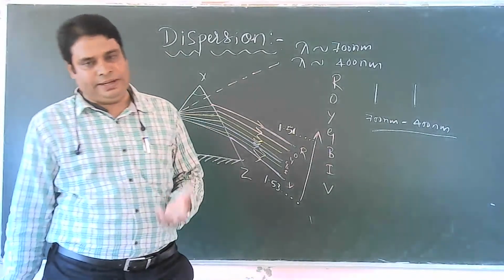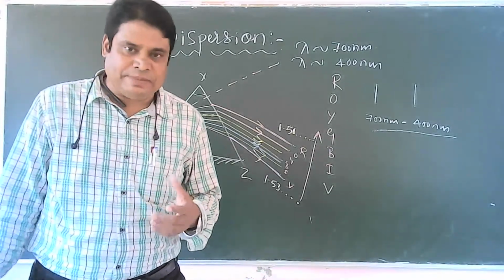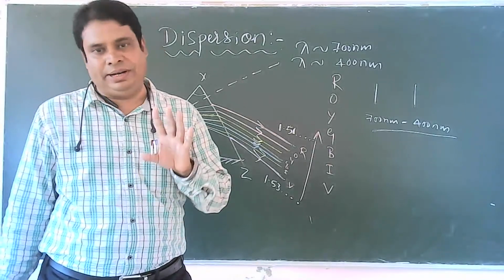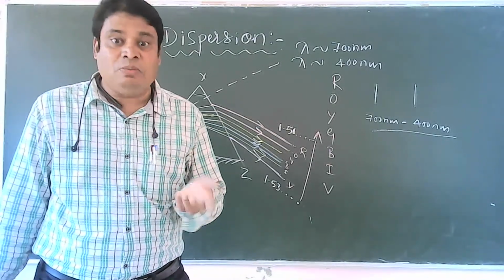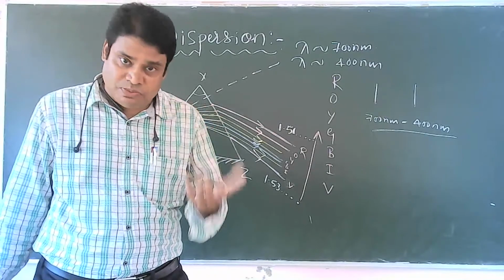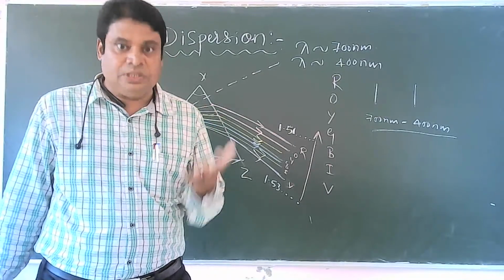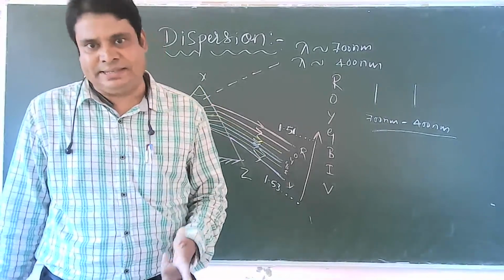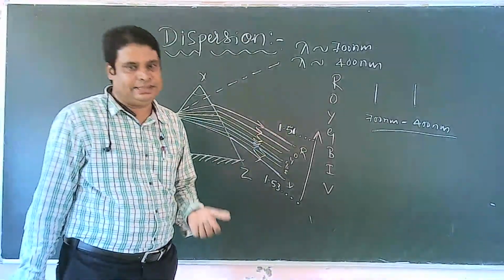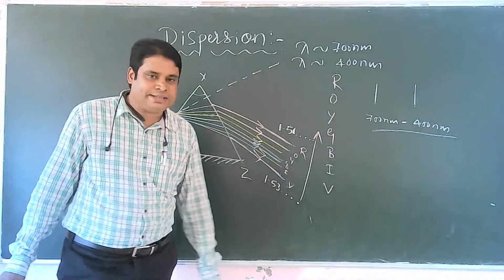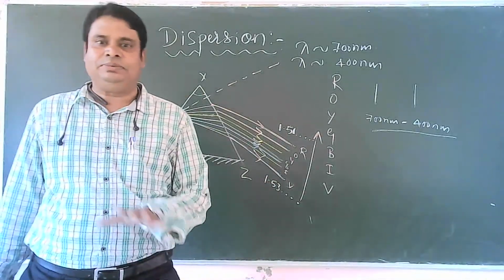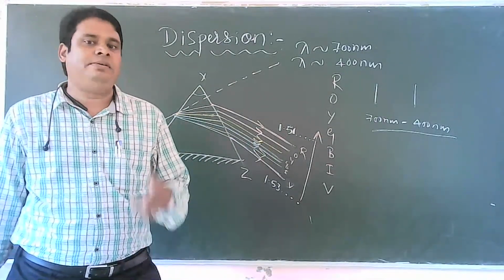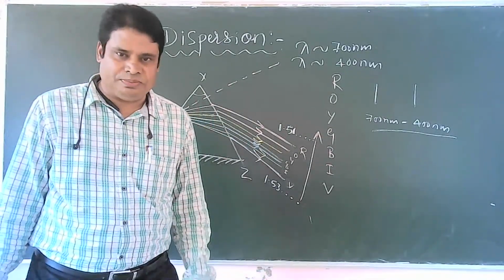Your red has maximum speed. Red has higher speed compared to violet. It moves faster. Its wavelength is more. It moves faster, but it bends less. Bending of red light is less. Whereas violet's wavelength is less, its speed is also less, but its deviation is more.